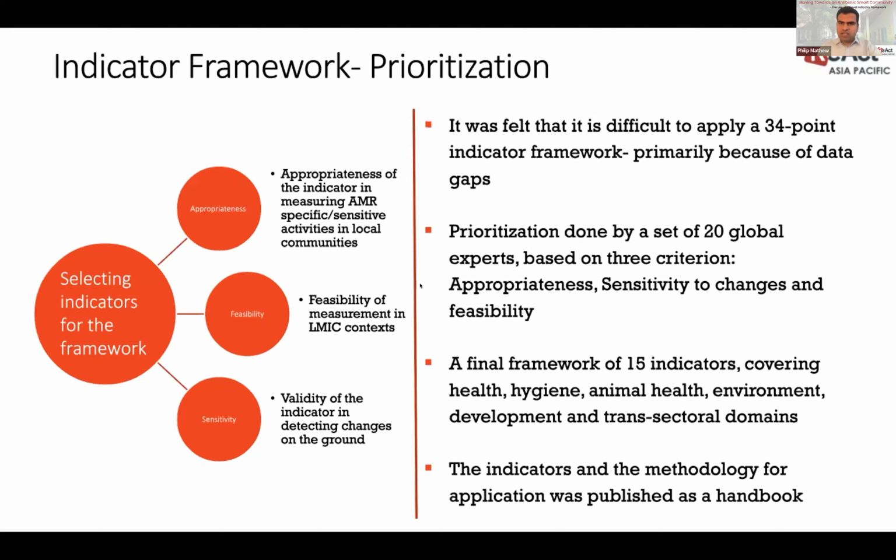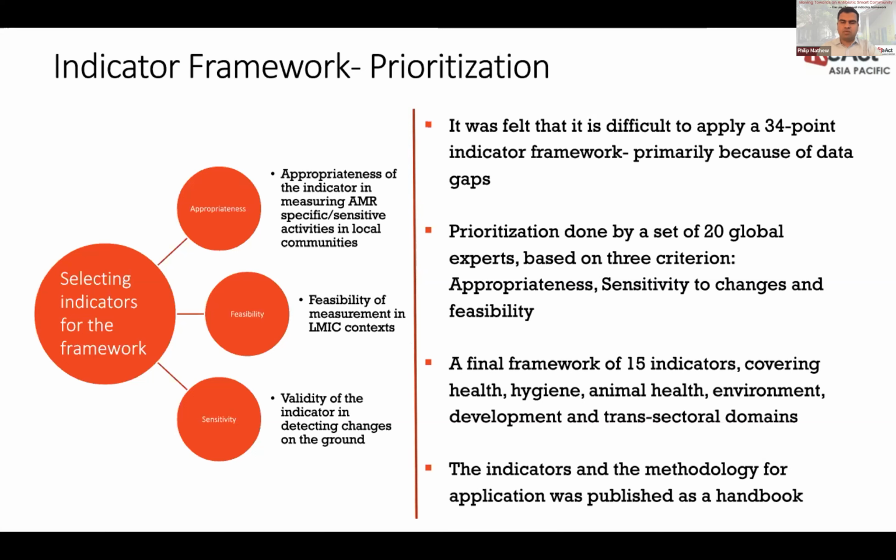So the prioritization was done by a set of 20 global experts based on 3 criteria. One was the appropriateness of the indicator in measuring AMR-specific or sensitive activities in local communities, the feasibility of measurement in low-resource contexts, and also the validity of the indicator in detecting changes on the ground.